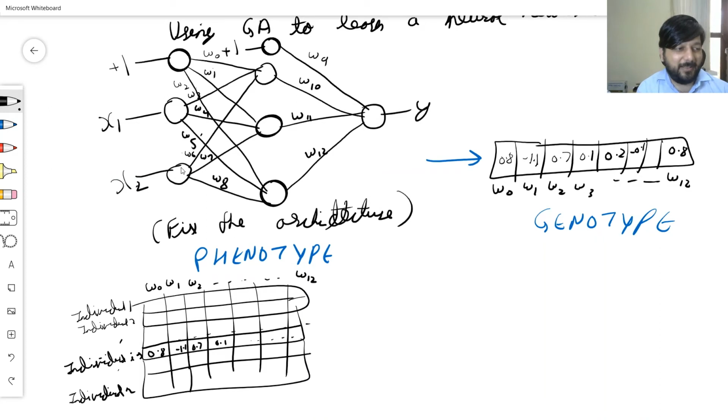So I take 2 input layer neurons, 3 hidden layer neurons, 1 output layer neuron, and I note down all these weights: 0.8, so this is replaced with 0.8, minus 1.1, so this is replaced with minus 1.1, 0.7, so this is replaced with 0.7, so I keep on overwriting these weights, 0.1, 0.1, so I replace all the weights with these values. So the old library-generated random weights are gone and my new weights are over here.